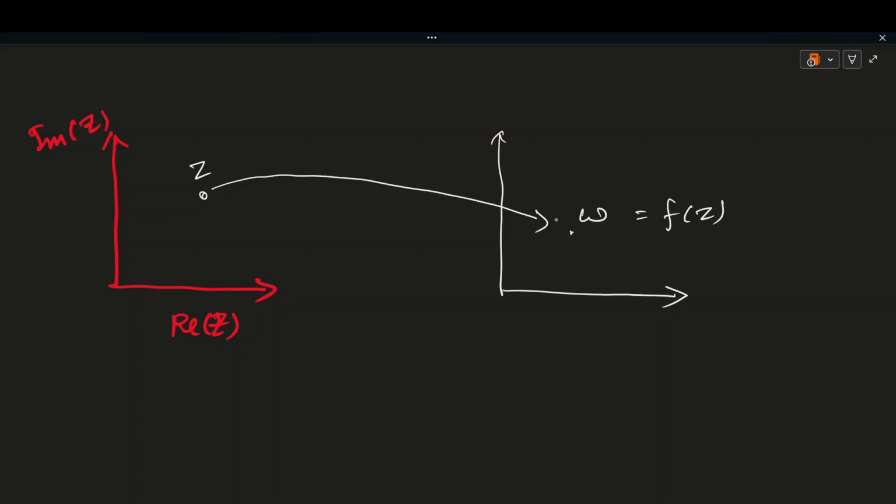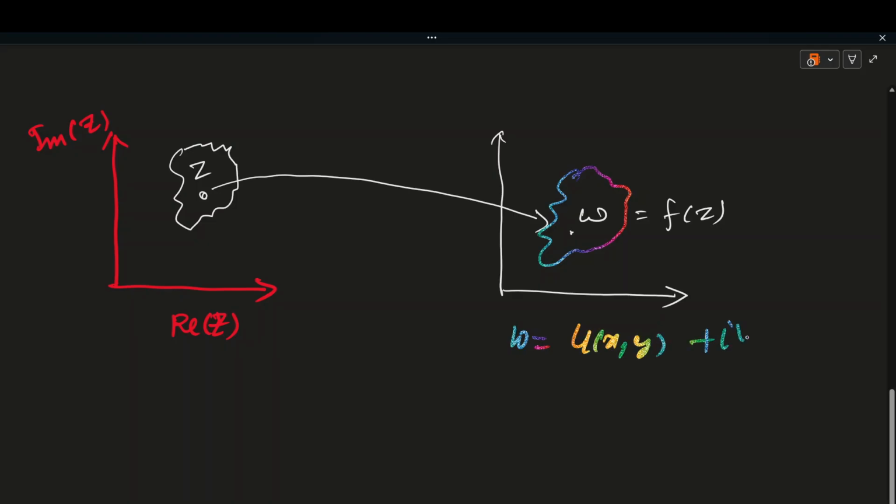Both are complex planes. So if we take some region in this, we will get some region around this omega. If you take some region in the complex plane, then you will get some region in the output in a different complex plane. Here omega is u(x, y) plus i v(x, y).